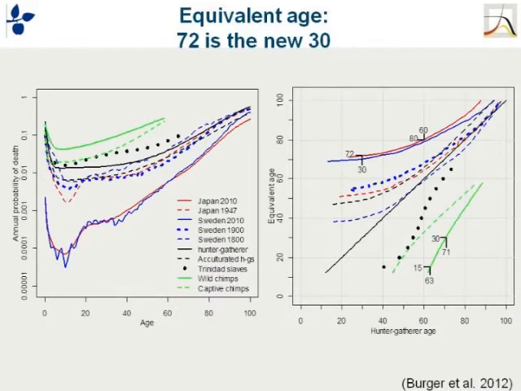And then Sweden 2010 is the blue line on the bottom. And Sweden in 1900 and 1800 are the dotted and dashed lines. And then our hunter-gatherers are the black line. And then there are acculturated hunter-gatherers, so these are hunter-gatherers who have some contact with the outside world, and that's the dashed black line.